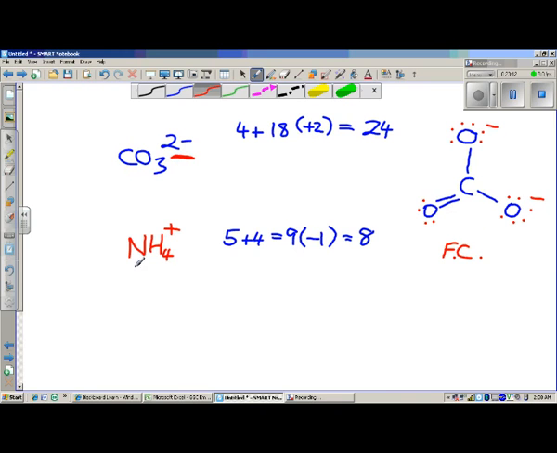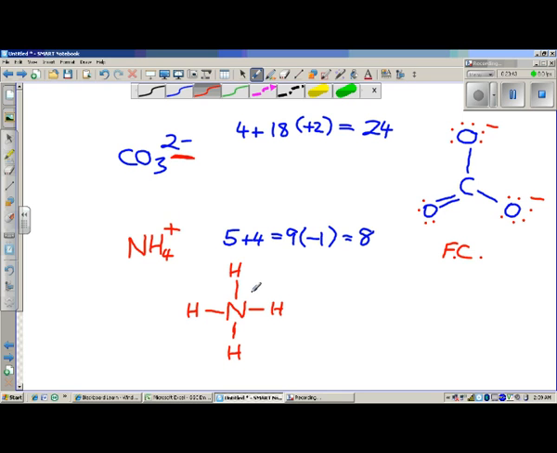When it has 1 bond too many, it gets a positive charge. Now let's go down to NH4 plus here. This is just protonated ammonia. Nitrogen, of course, has to be the central atom, and there really isn't any other way for my hydrogens to be arranged other than right around it. And so this is the Lewis structure for ammonium, this NH4 plus, except we've got to figure out exactly where the plus charge is.